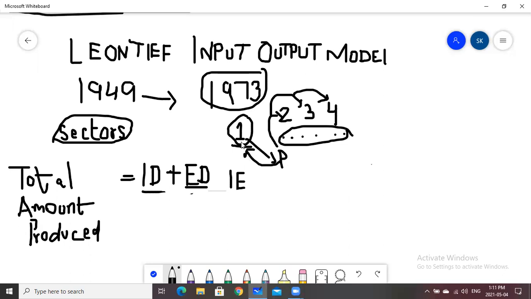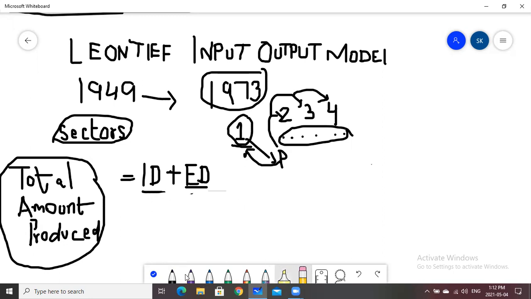So the total amount produced is equal to internal demand plus external demand. IE stands for internal demand and ED stands for external demand. Therefore, the total amount produced is equal to internal demand plus external demand.